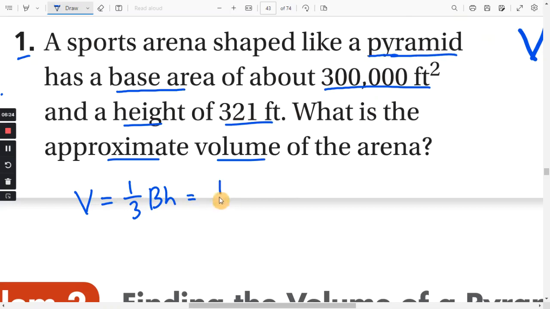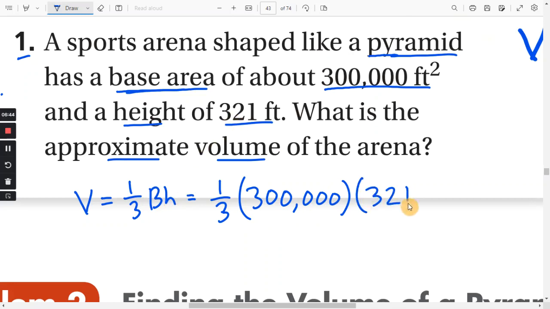Capital B is the area of the base. They gave us the area is 300,000. And multiplied by the height, that's 321.